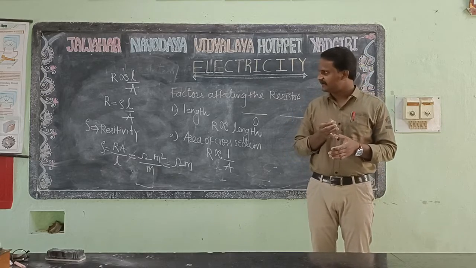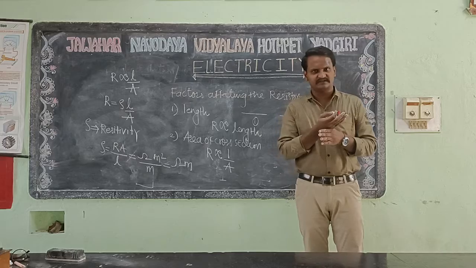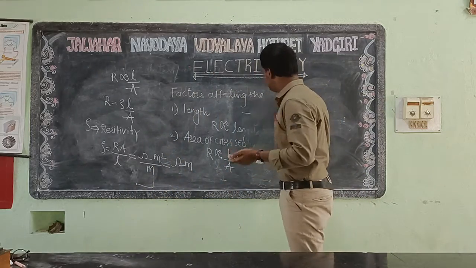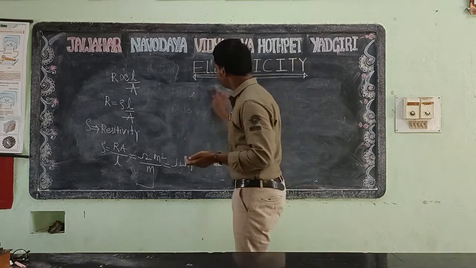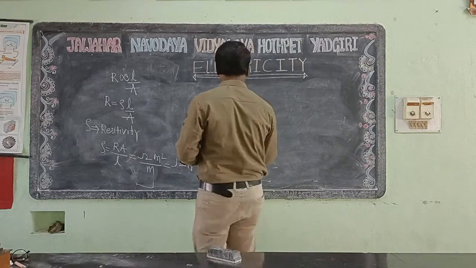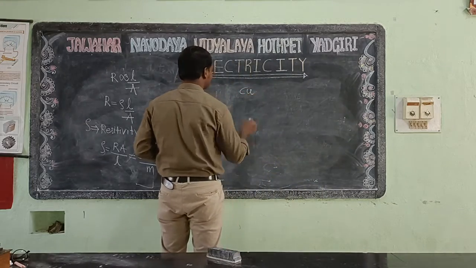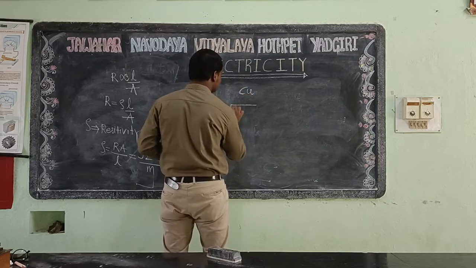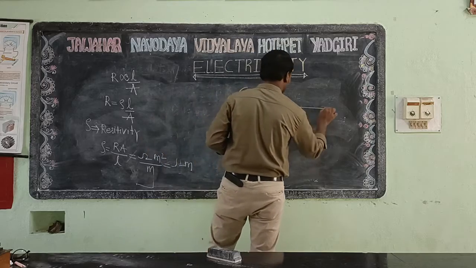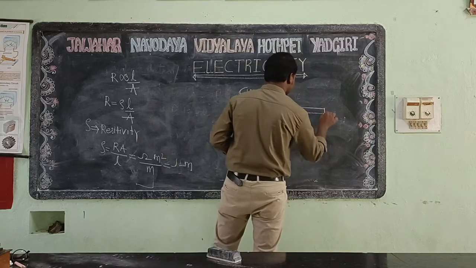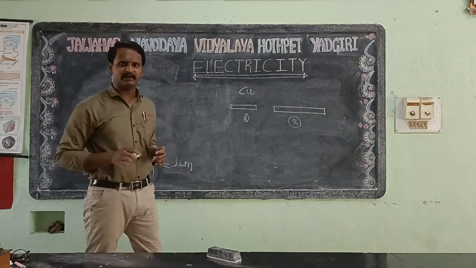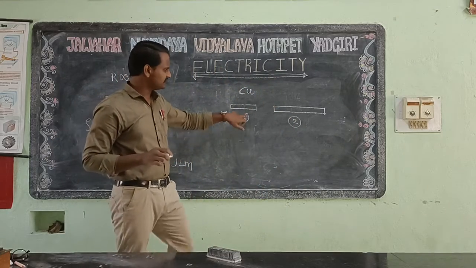So resistance and resistivity have only small differences. Let me consider an example. Take two copper wires of different length, a first case and a second case.